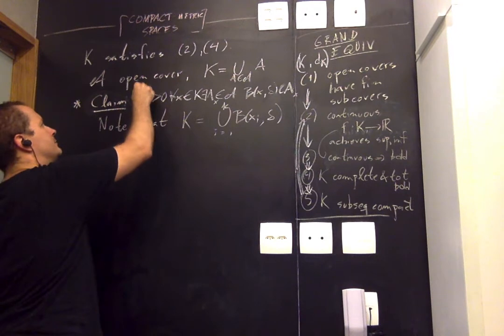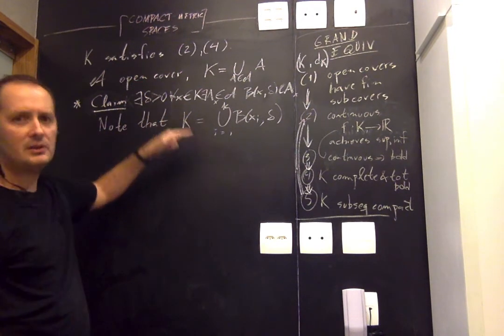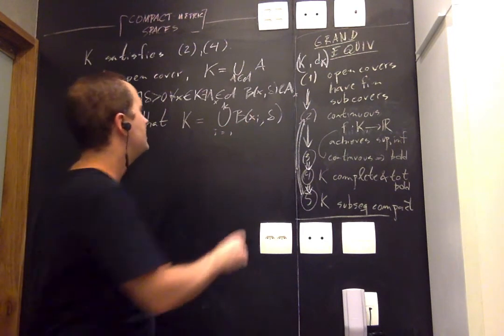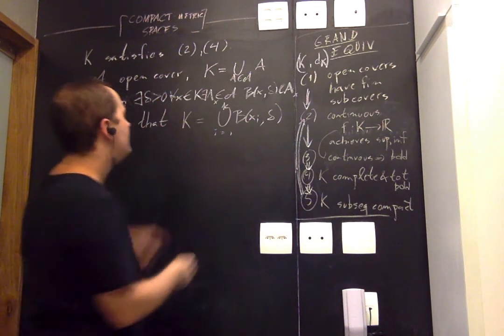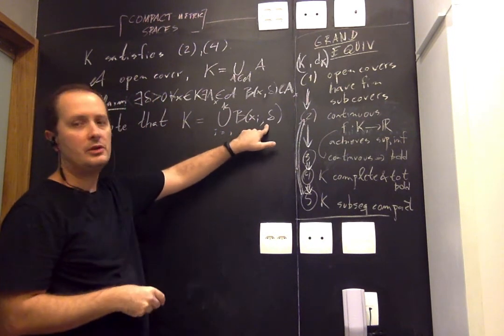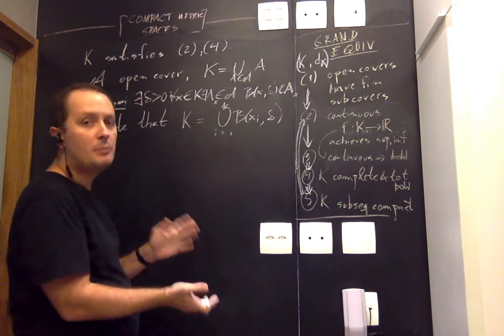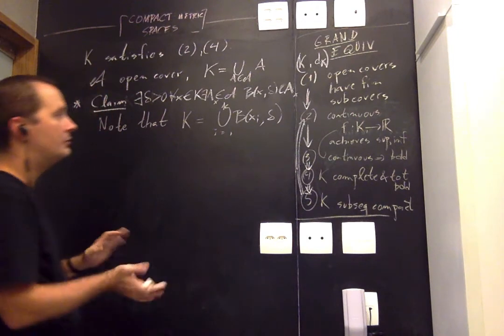I'm assuming the claim, and I'm just saying, if there exists a delta, I don't care what it is. What I know is that there's a finite number of balls of radius delta that covers this set. You might object because we usually use closed balls here, but we know, for instance, that K is covered by a union of closed balls of radius delta over 2, and the open balls contain those closed balls, so we're good to go.